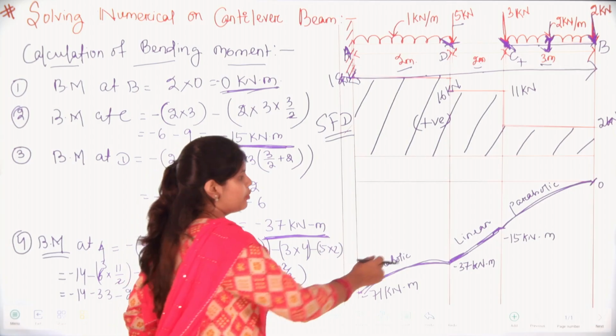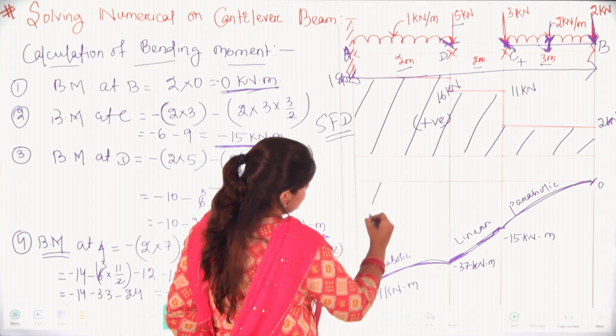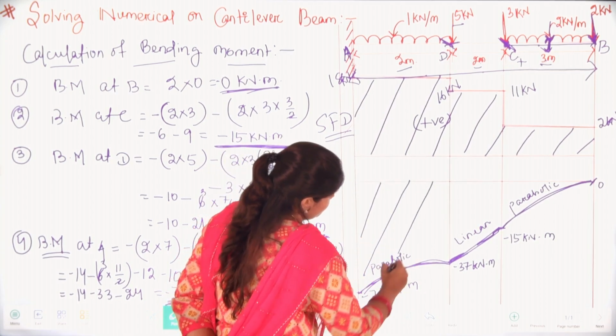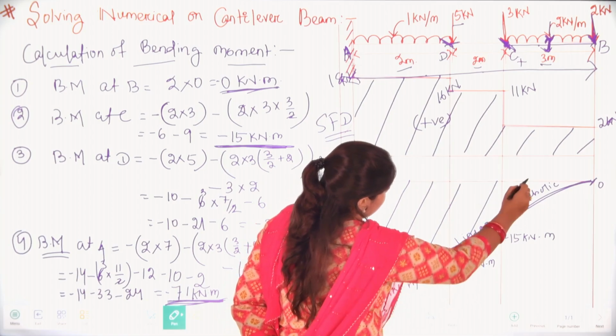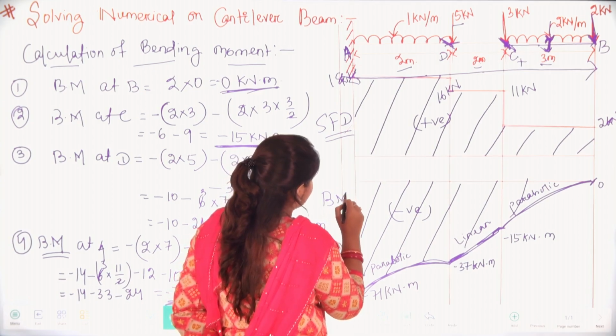Here we have parabolic, parabolic and linear. And just mention these points, so here is the negative bending moment diagram.